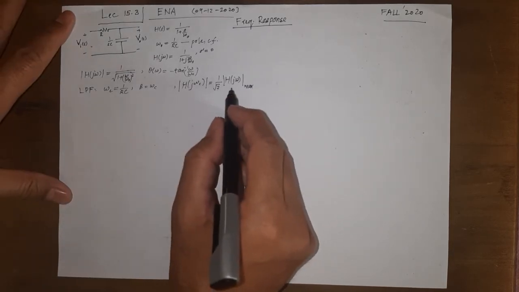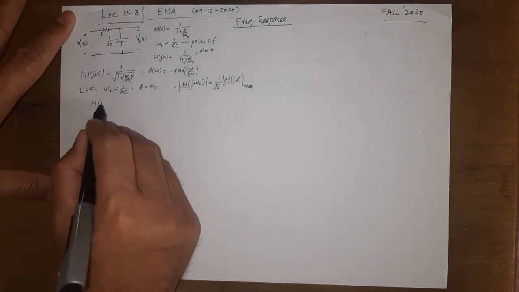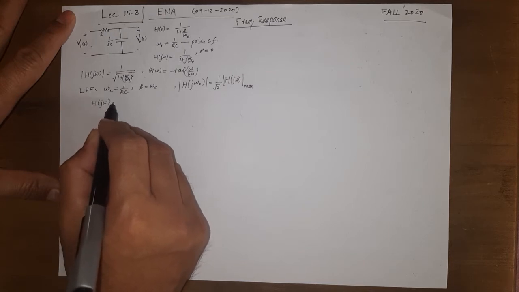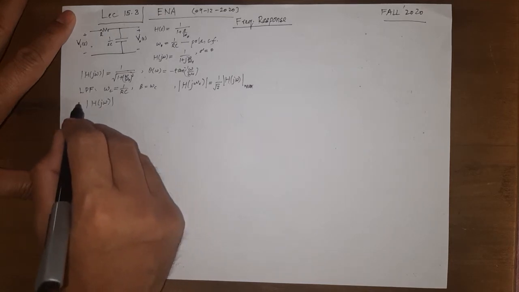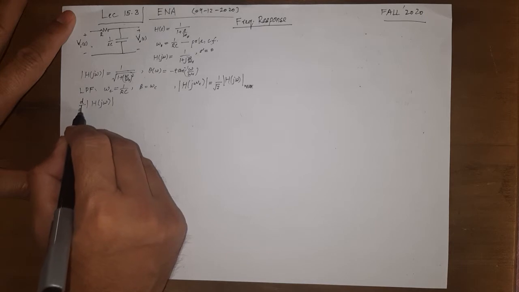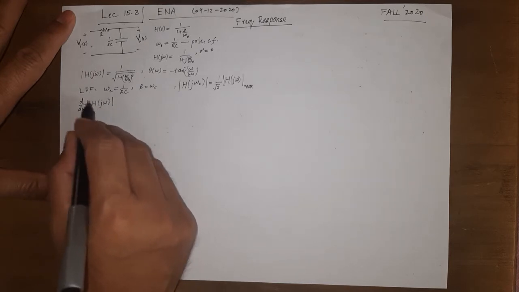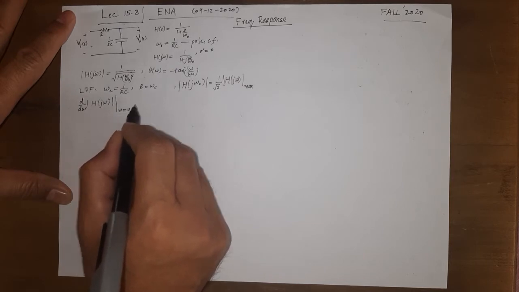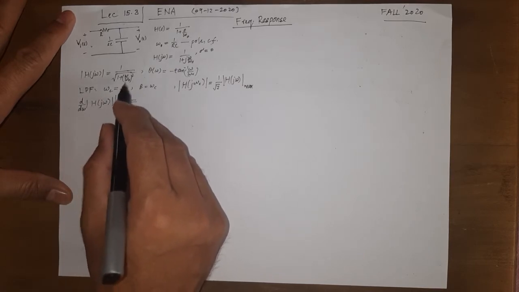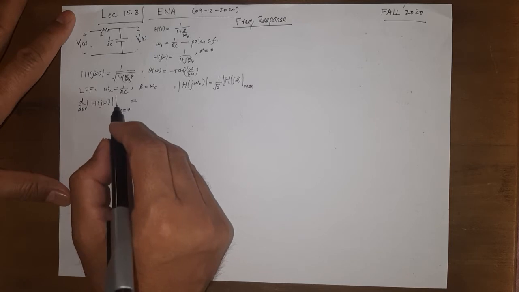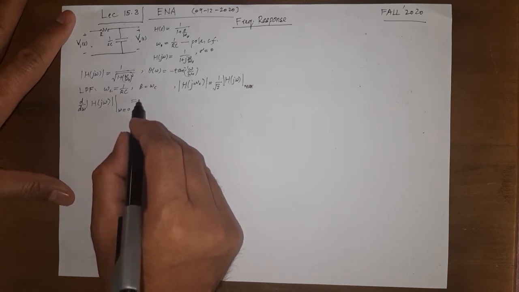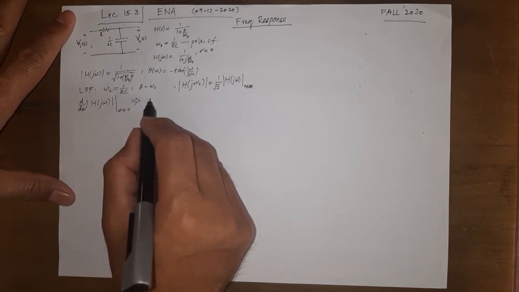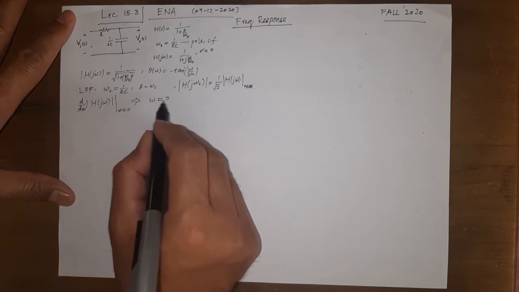We can find this H j omega max by taking the derivative of H of j omega magnitude with respect to omega and then putting omega equal to 0. You can do this as an exercise for yourself. It should not be difficult, but you will find that omega is equal to 0.